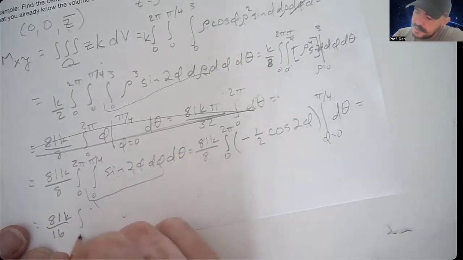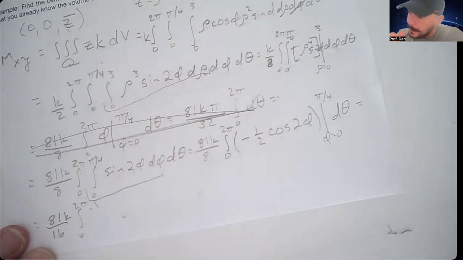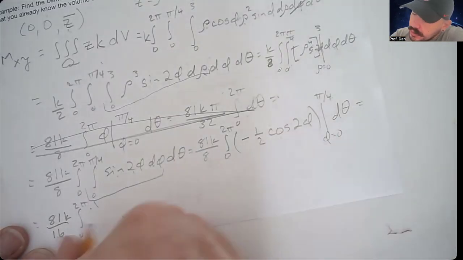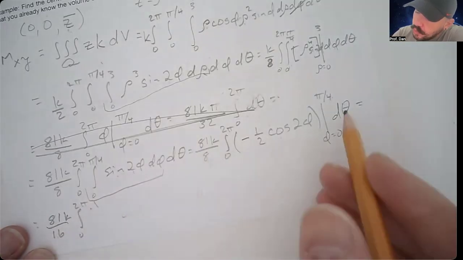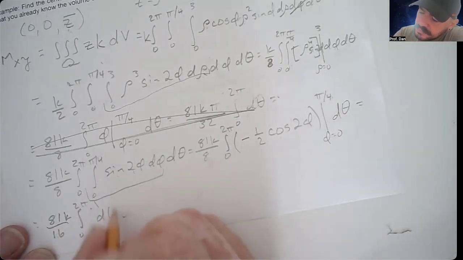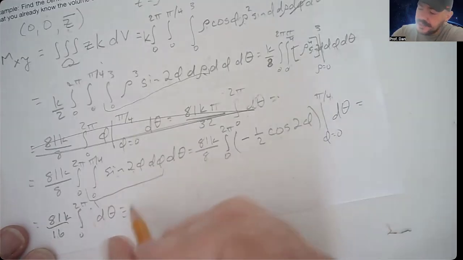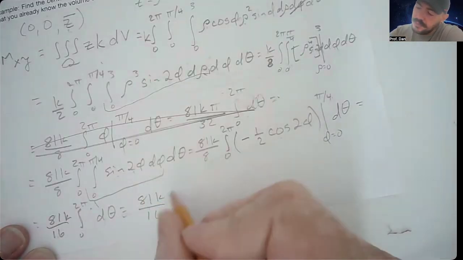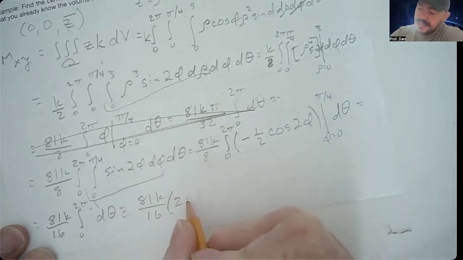And then we're taking the integral from 0 to 2 pi of 1 d theta, right? Which is going to result in 81k over 16 multiplied by 2 pi minus 0.